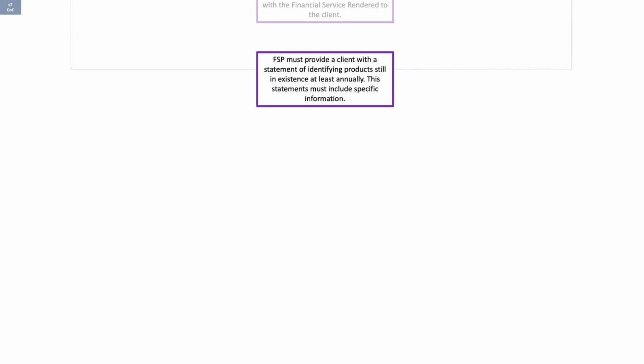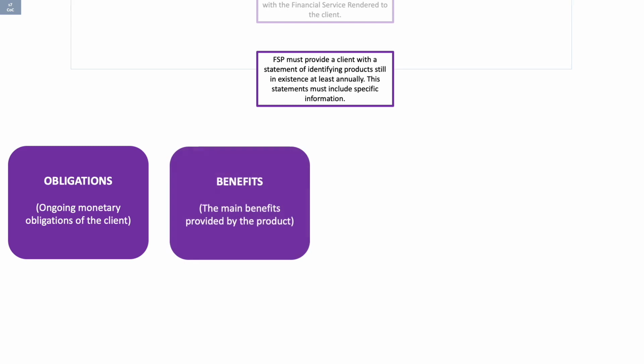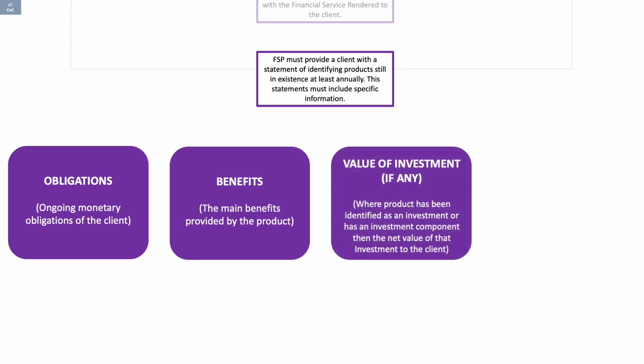This specific information is: obligations, which can also be referred to as duties and responsibilities. The ongoing monetary obligations of the client. Benefits, the main benefits provided by the product. Value of the investment, if any.